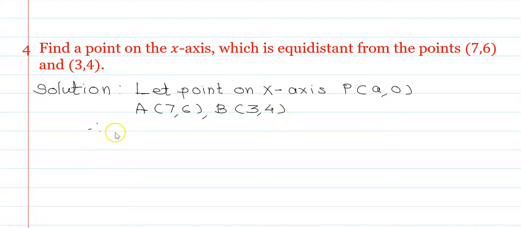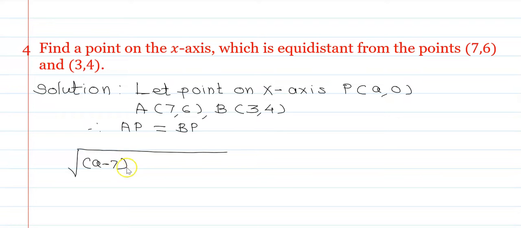Therefore, here we have AP is equal to BP. Therefore, by the distance formula, for the AP distance, this is the 7, that is, (a minus 7) bracket square. First of all, a minus 7.